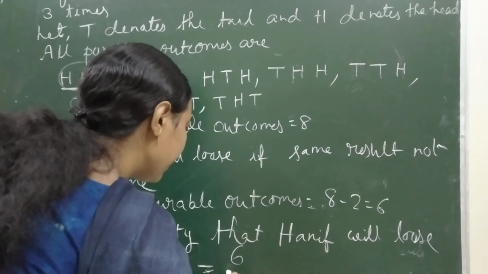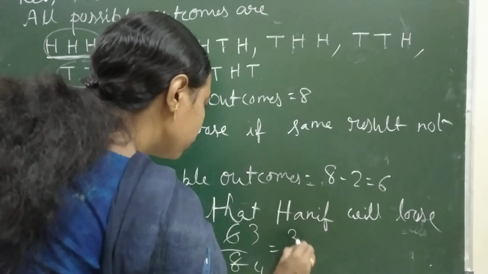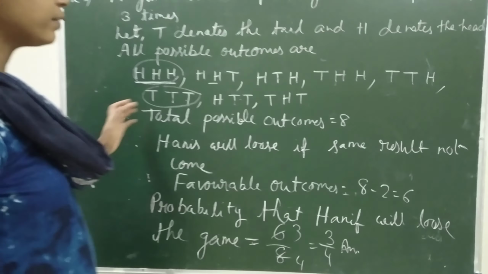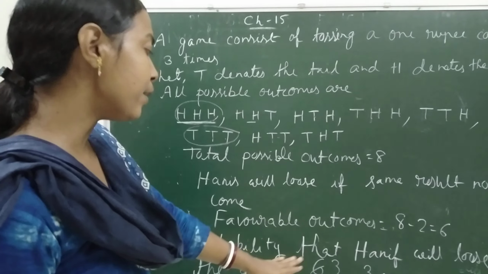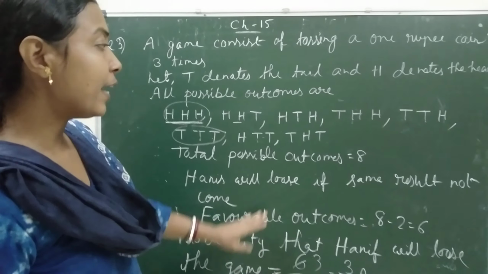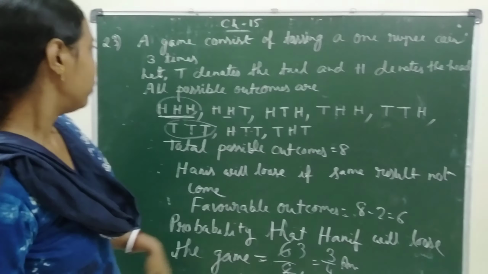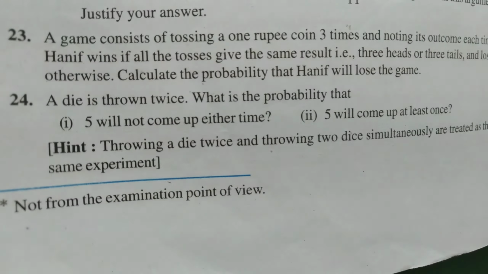So 6 by 8. 2 3s are 6, so 3 by 4 is your answer. But if the question asks to find the probability that Honey will win the game, that time your answer will be 2 by 8. Okay. Next question. Now question number 24.